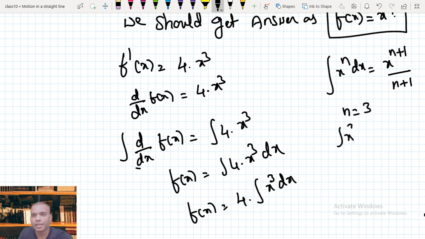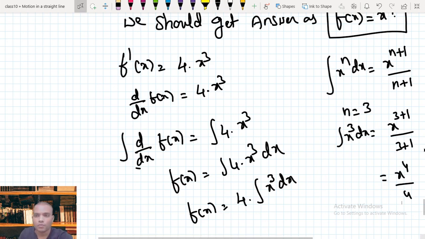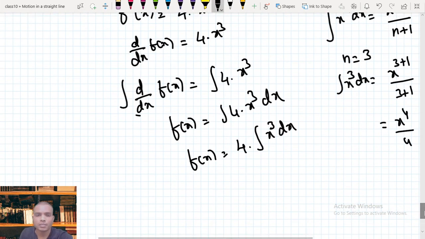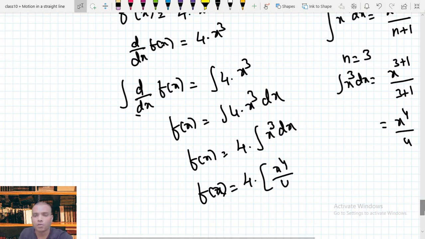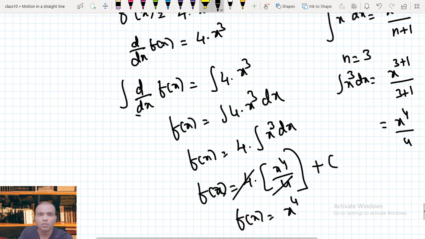So the integral of x cube dx equals x power 3 plus 1 upon 3 plus 1, which equals x power 4 upon 4. Substituting that value here, f of x equals 4 times x power 4 upon 4, plus we add the integration constant. Now 4 gets cancelled, and we end up with x power 4.